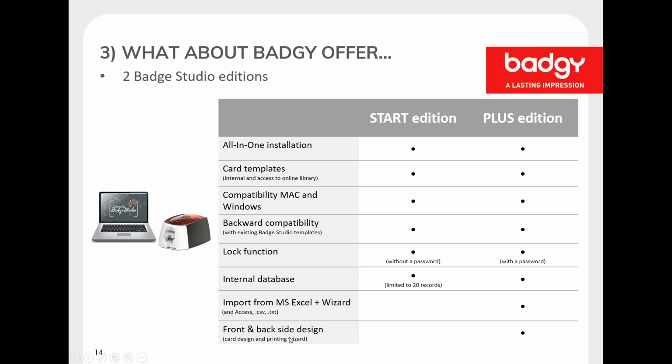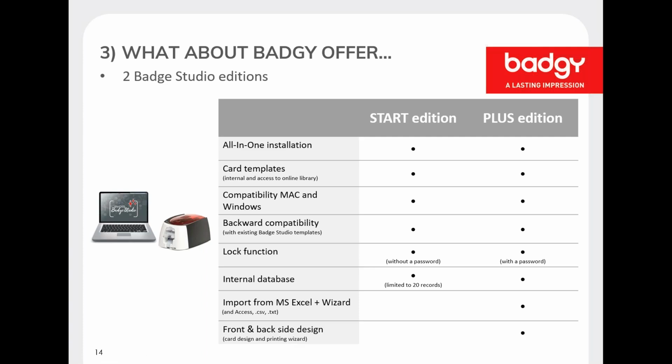The last line: it's also possible in the Plus edition to design the front and the back side of your card. If you want to print them, there is a wizard which helps you.